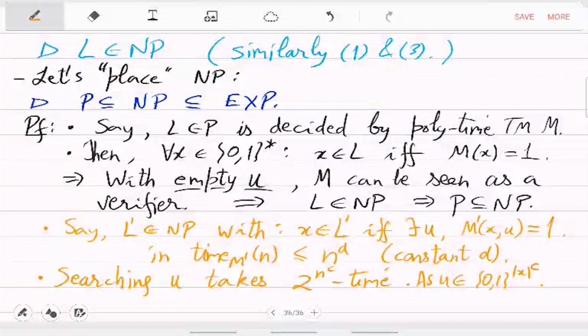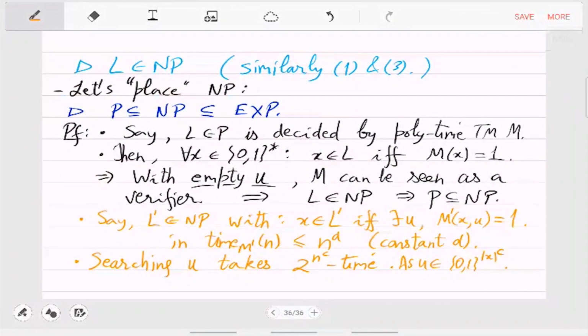And for each choice of U, you will run M prime and check. That will take n raised to d time. So, the brute force algorithm is 2 raised to n raised to c many possibilities of the certificate and n raised to d time for each.